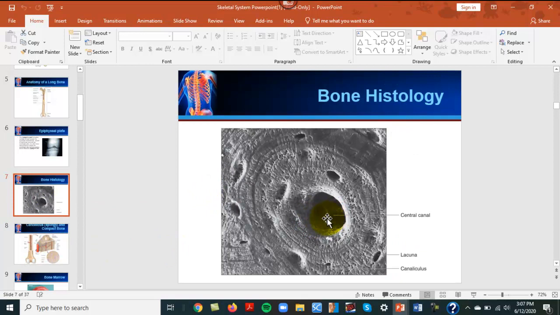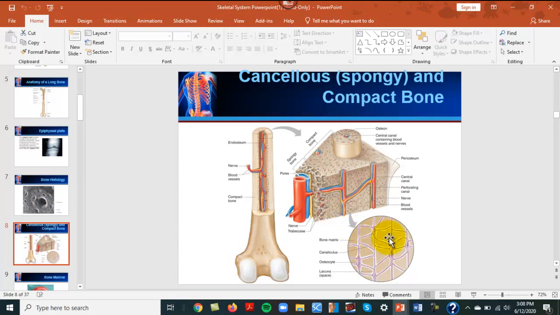There's the central canal. Those little depressions, and they are depressions, they look like holes, but they're actually depressions. That's called a lacuna. You see it there, and that's where you find the osteocytes. Now, the lines between the lacuna are called canaliculi. The osteocytes, when they lay down compact bone, do it in a circular pattern.